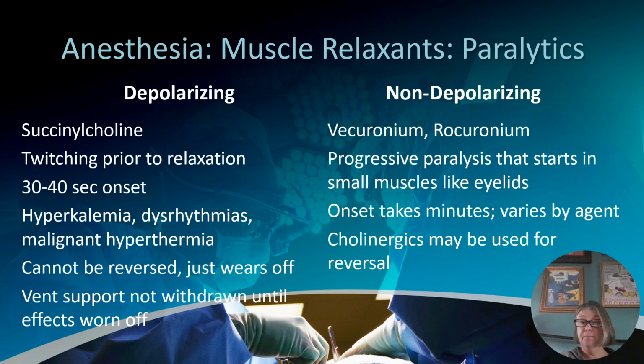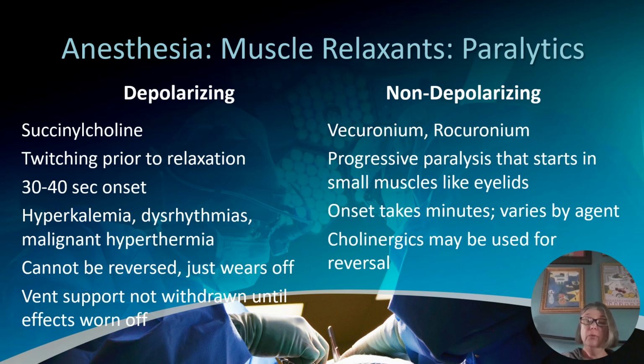All right, here are your muscle relaxants. Muscle relaxants are categorized as depolarizing or non-depolarizing agents. Depolarizing agents, such as succinylcholine, act by occupying the acetylcholine binding sites at the neuromuscular junction. You really don't have to know that whole mechanism of action at this point.